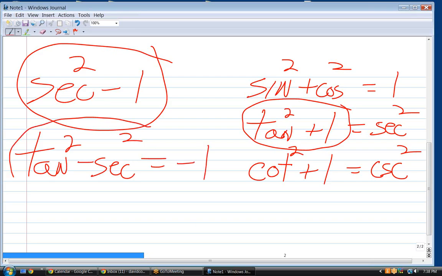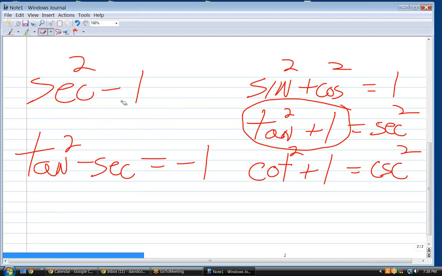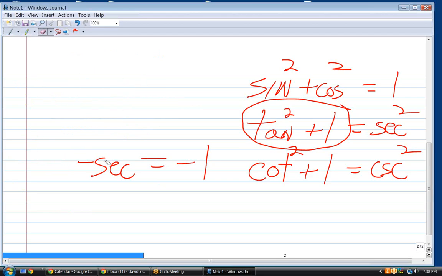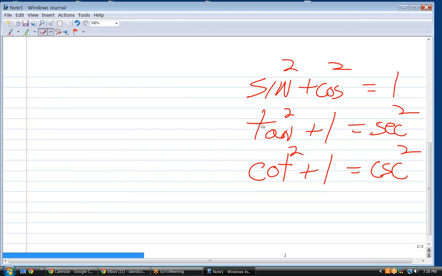So you might run across that in one of these problems. But obviously you got to start from memorizing the 3 Pythagorean identities, and then just always remember that these are liable to be algebraically manipulated for the problem that you're looking at.